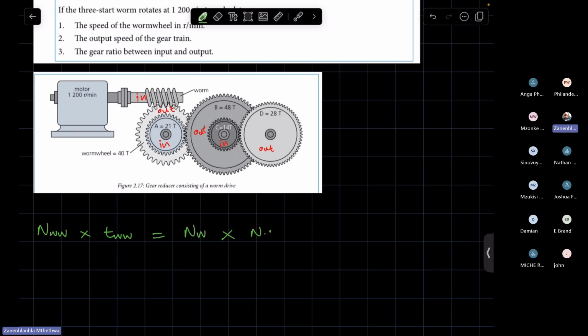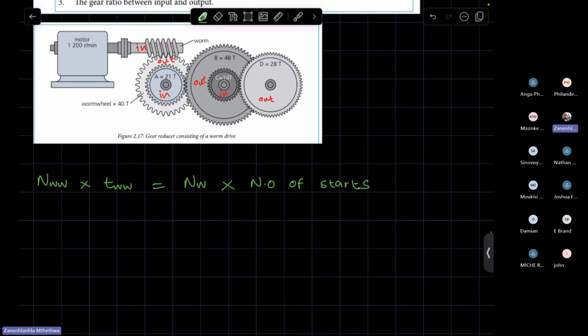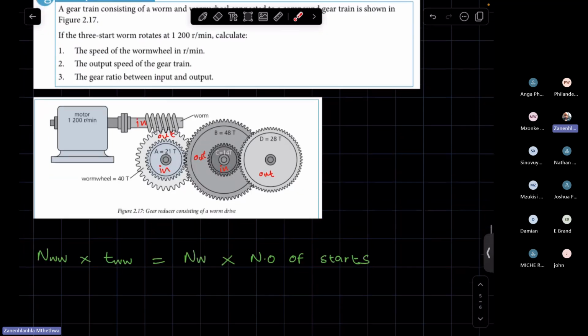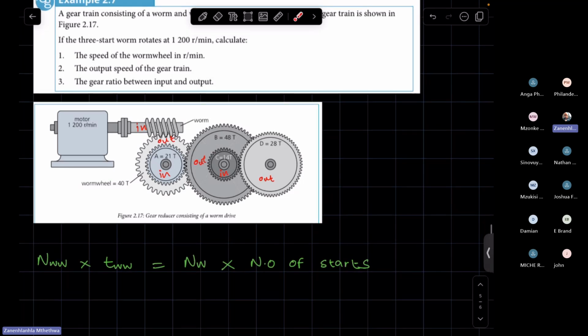Remember the three steps I taught you when looking at two gears in mesh. You first establish the relationship between the two gears, and that relationship is always one of circumferential velocity, which we just did.